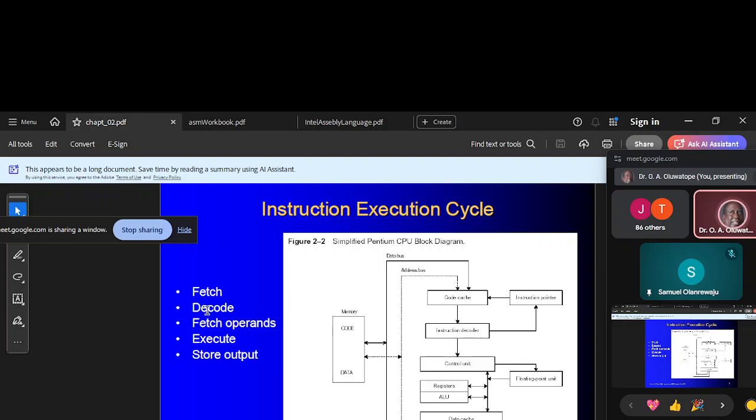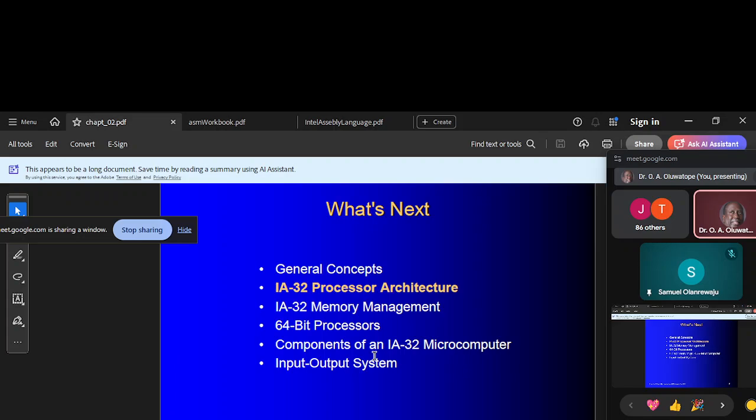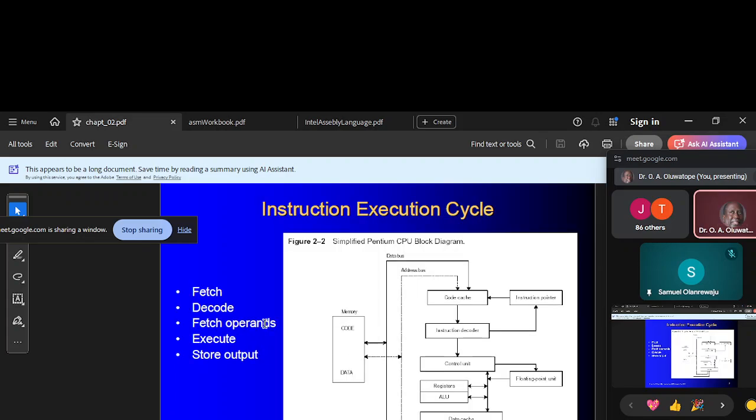Once that is done, the next level of activity is to fetch from memory the data or the operands. In the case of A equals B plus C, it's going to fetch B, fetch C, hoping to sum the two and then place the results in A.